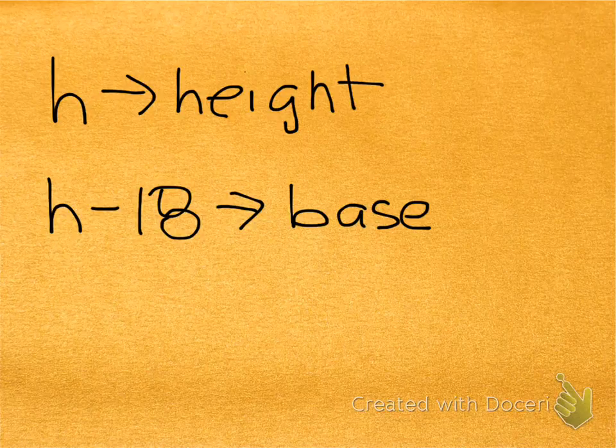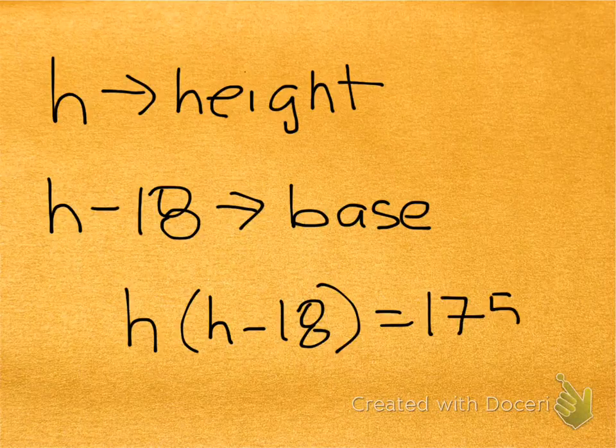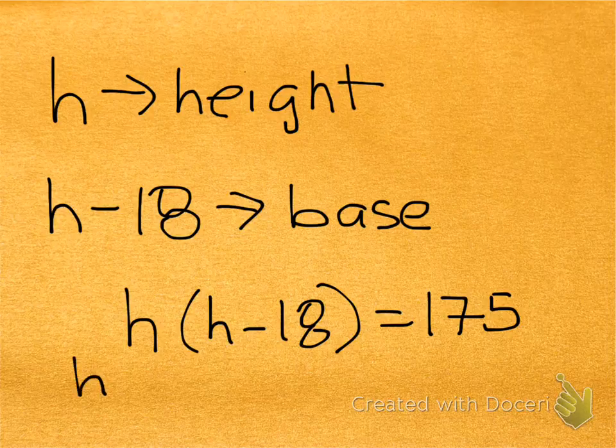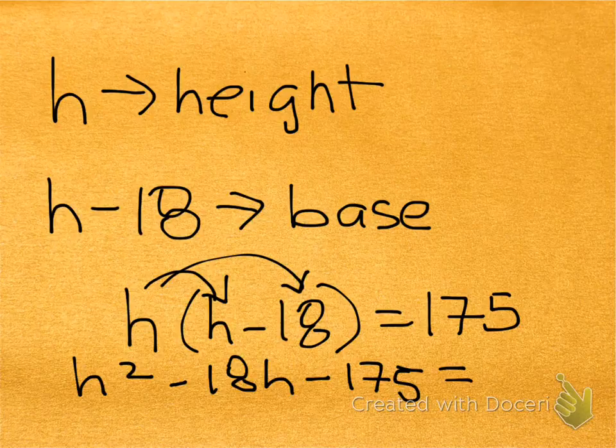And then we're going to multiply that together. And that's supposed to equal the area of 175. So we have h squared minus 18h. And then we have to subtract the 175 to solve. But we need to factor this first.